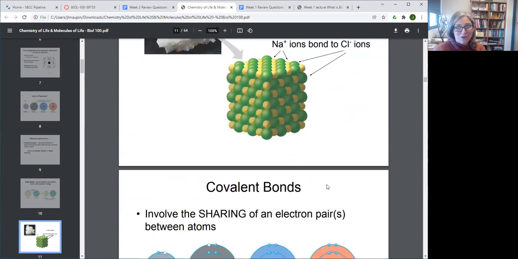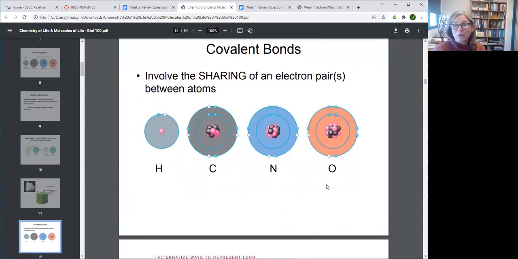Most of the molecules in our body are made from covalent bonds. The covalent bonds are what occurs when 2 atoms get really close to each other and they actually share a pair of electrons. So this carbon atom could get close to this nitrogen atom, and they could share a pair of electrons right here, and that would make them both stable.